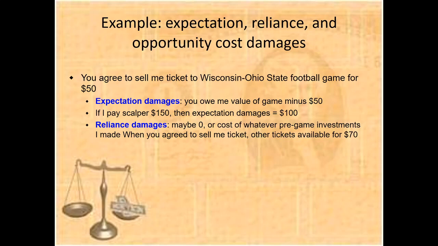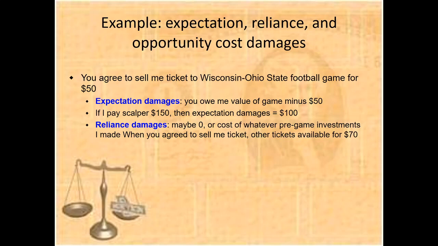So you agree to sell me a ticket to the Wisconsin, Ohio State football game for $50. So the expectation damage, you owe me the value of the game minus $50. If I pay a scalper $150, then the expectation damage is actually $100.